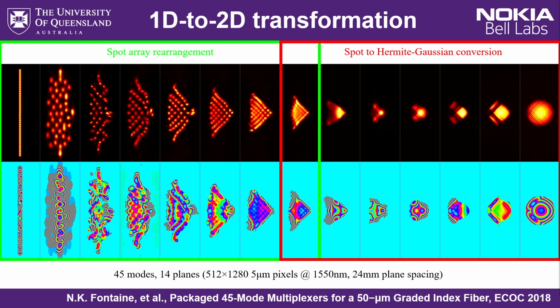A special implementation of the Laguerre-Gaussian or Hermite-Gaussian mode sorter is to arrange the spot array not in a 2D Cartesian grid, but to add extra phase planes to rearrange that 2D spot array into a 1D line. In this example, we've got a 2D beam coming in from the right, which maps onto a 1D array on the other side.